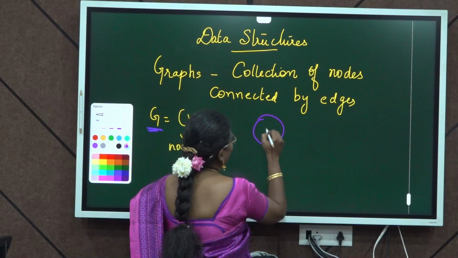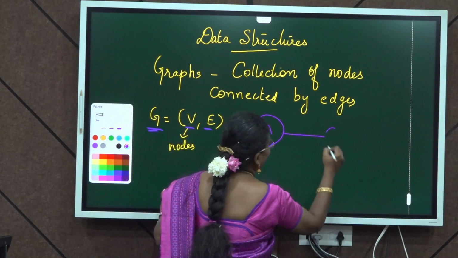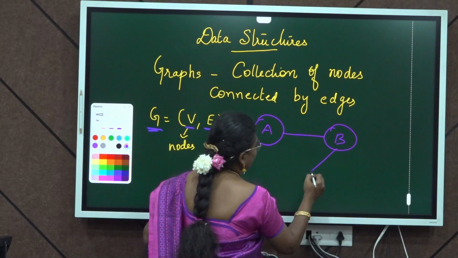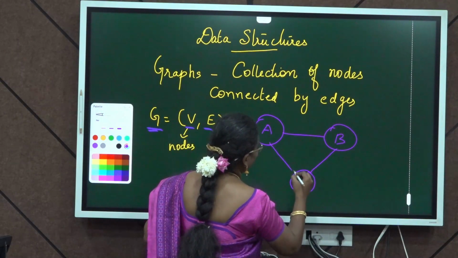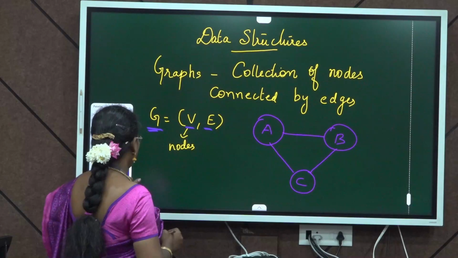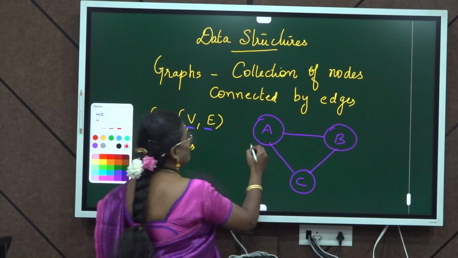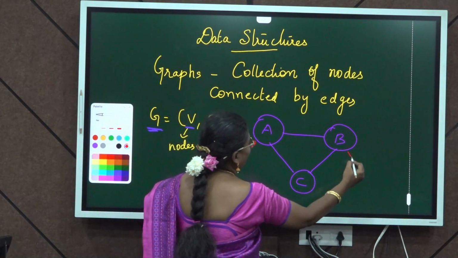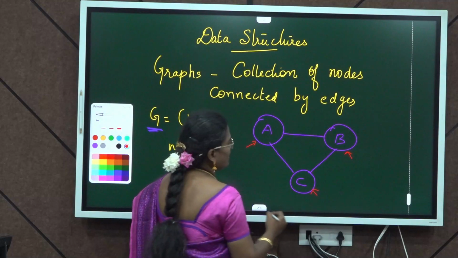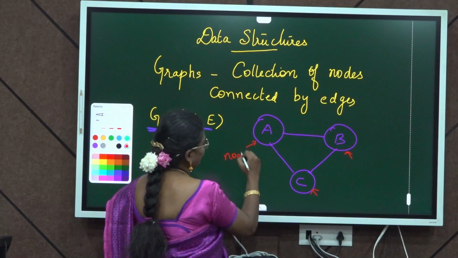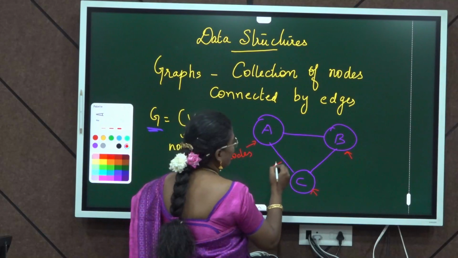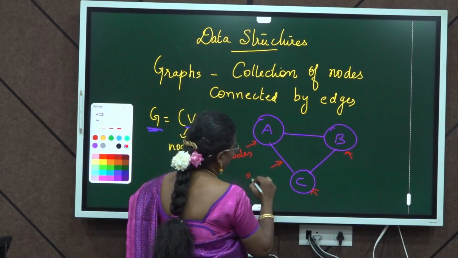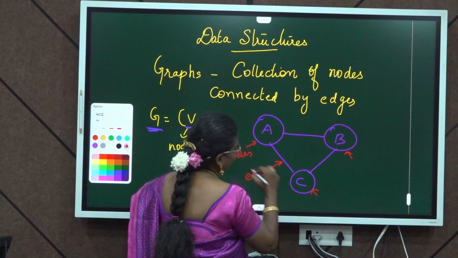So let us have a graph like this, where we have three nodes here. So all these things like A, B, C, all these three are said to be nodes. So every node in a graph is represented with circle, and the connection between nodes are called as edges.